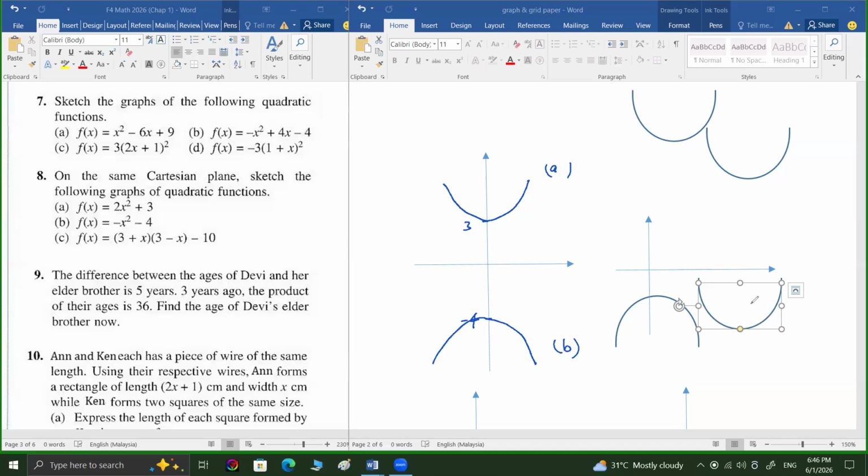Okay, now what about C? Look at C, class. C, this one, we expand 9 minus x squared minus 10. So remember how to expand? When you see A plus B, A minus B, you expand as A squared minus B squared. Or up to you, your method, up to you how you're going to do. After I expand this one, I got 9 minus x squared minus 10. Means that negative x squared, 9 minus 10, is it negative 1?